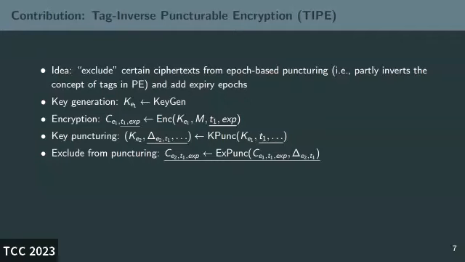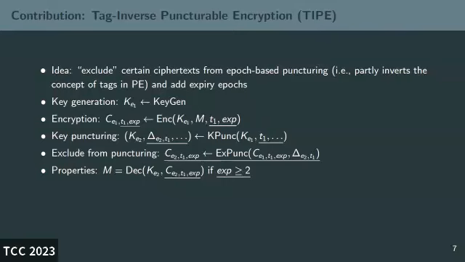And the token has to be for the same tag and the next epoch. And then it will output a new ciphertext for the next epoch, and tag and expiry epoch remain unchanged. And the guarantee is that this new ciphertext can now be decrypted under the new key as long as the expiry epoch has not been reached.